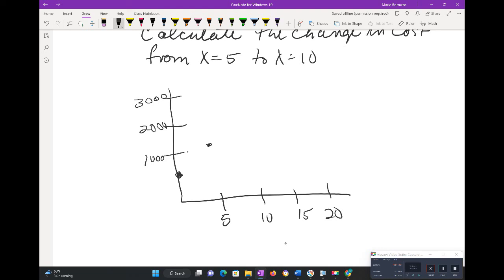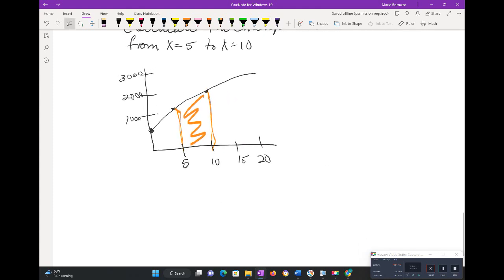So at 10, I'm close to the exact 2,000. And so it's kind of doing this behavior. We're only looking at this window right here, or this little area from here to here. And we're trying to calculate the value of this trapezoid that's created here, which you'll see a little bit better in the next example because this is a curve.